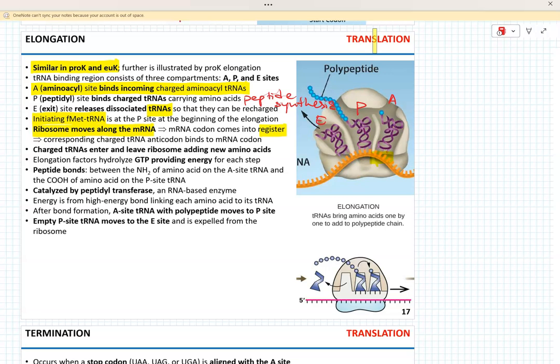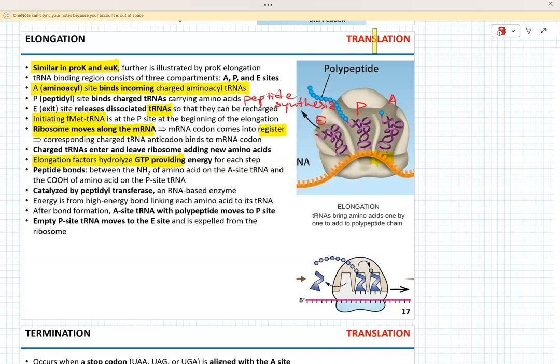So charged tRNAs can enter and exit ribosomes, and this is how new amino acids are added. Energy for each step is provided by elongation factors that break down GTP and release energy.